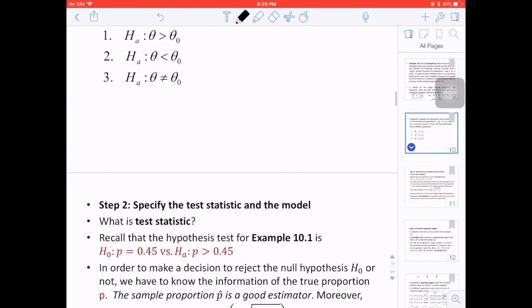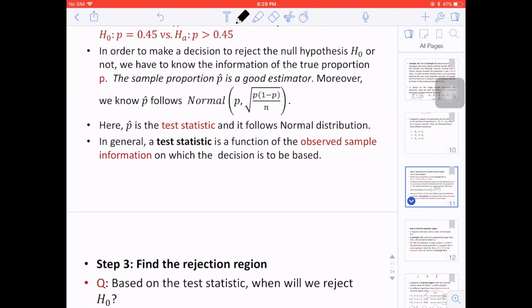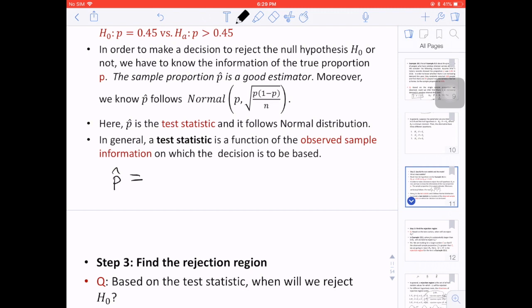Like we discussed before, in the second step, we need to specify the test statistic and the model. So what is the test statistic? Because we know that p hat is equal to x1 plus x2 until xn divided by n, and each xi is a Bernoulli random variable, equal to either 0 or 1. 0 means this person does not have this service at all, but 1 means this person has this service.